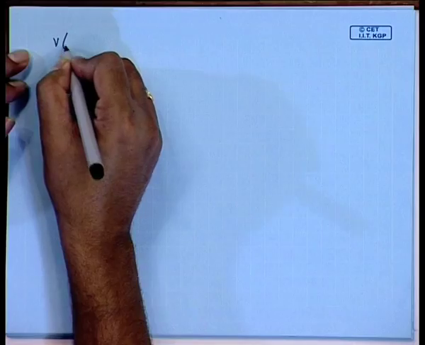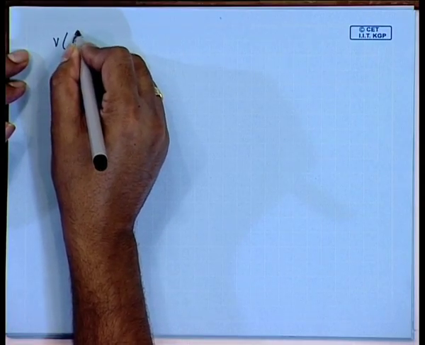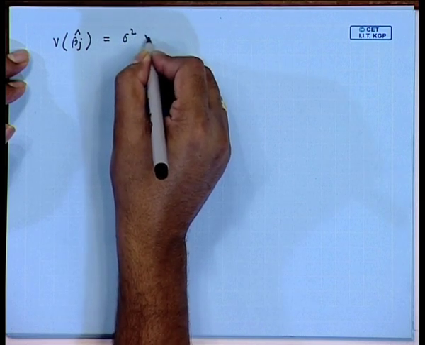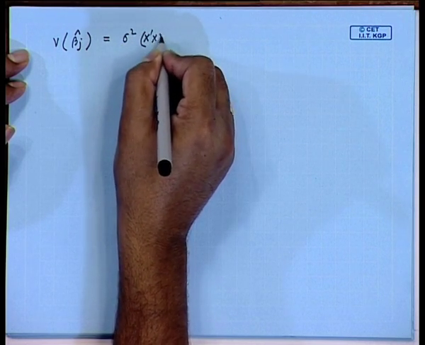So, next we need to find the variance of beta 1 hat and variance of beta 2 hat in terms of the sample correlation coefficient r. We know that variance of beta j hat in general is equal to sigma square times the jth diagonal element of (X prime X) inverse.